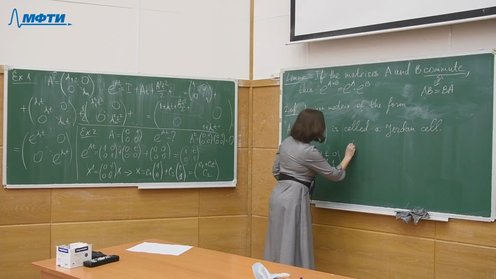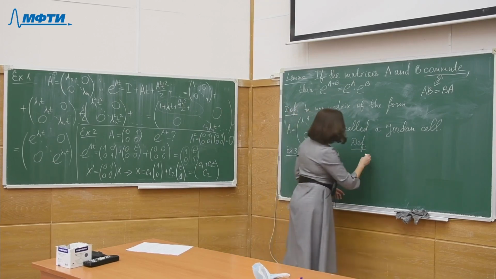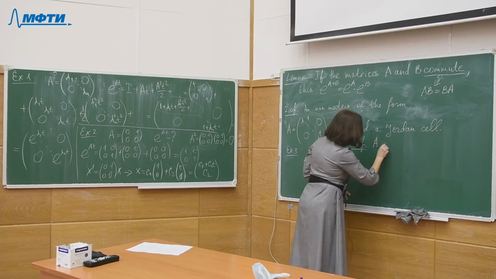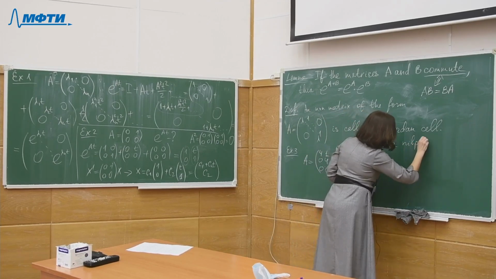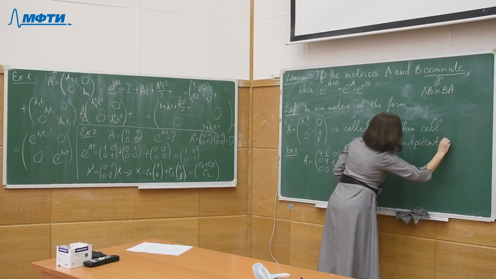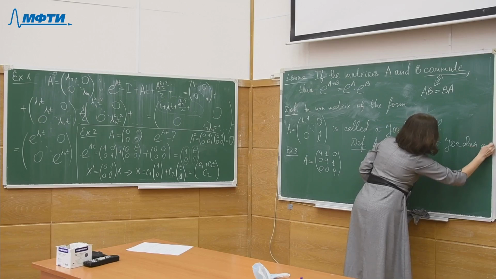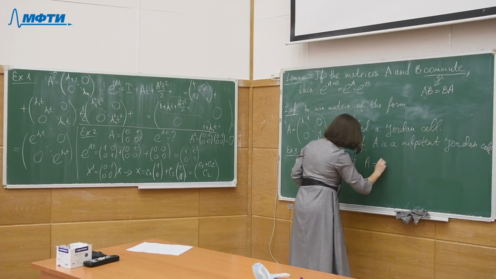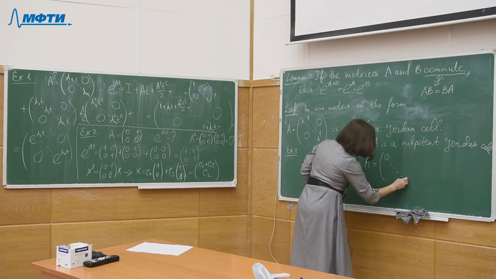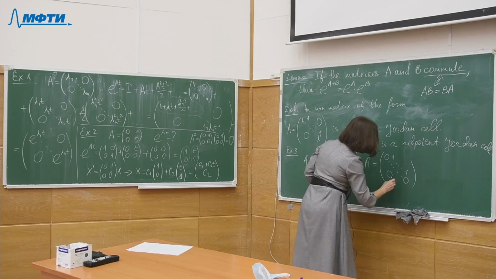And we will need the notion of the nilpotent Jordan cell. A is nilpotent if A is equal to this: zeros and ones just above the zero diagonal.